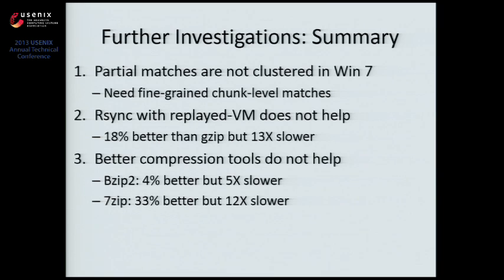You do get a little bit of gains if you use very small byte-size chunks to do the rsync, but then it becomes very slow, 13 times slower than gzip, for example. We tried different compression tools, bzip2, 7zip, and so on. They do better than gzip, but they are much slower.